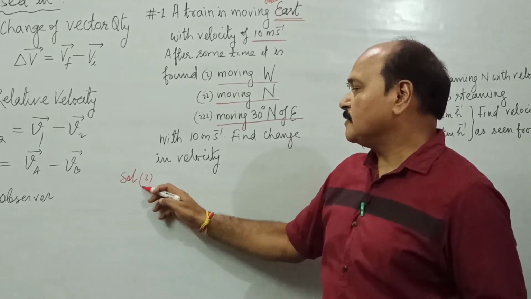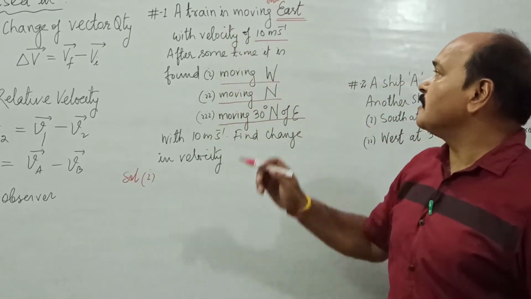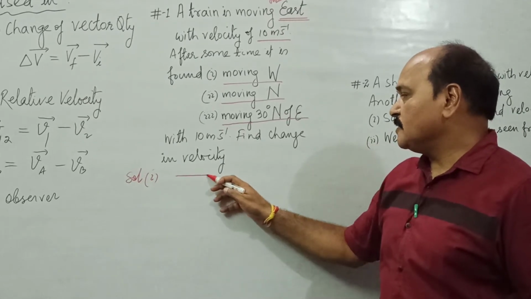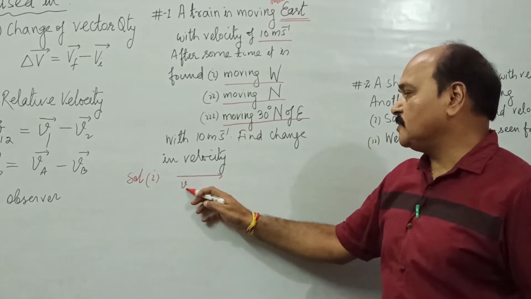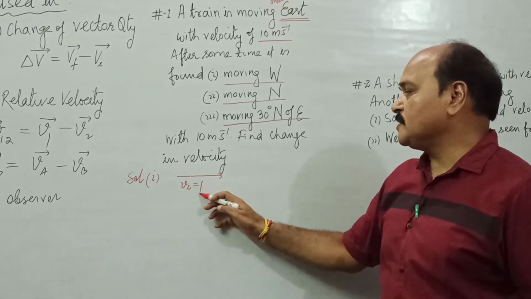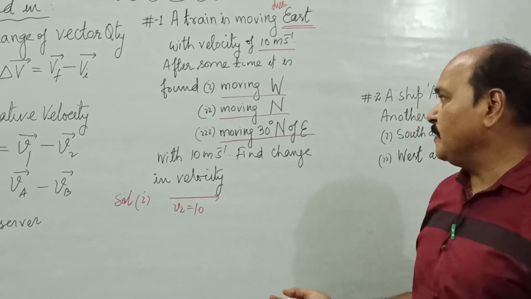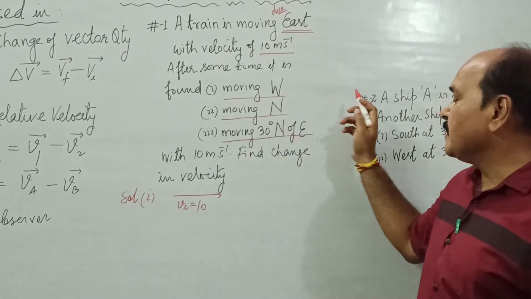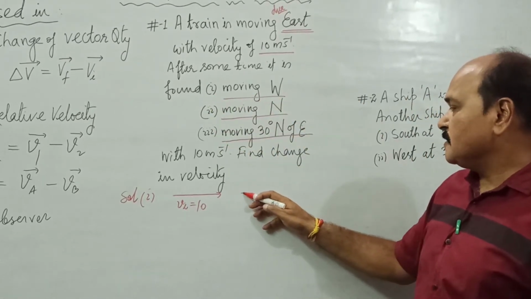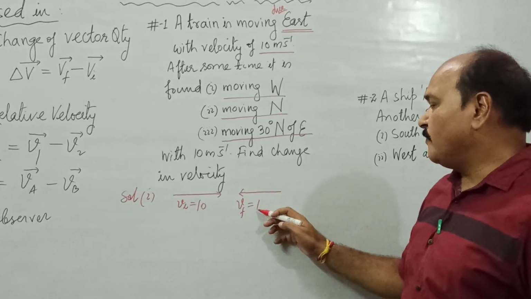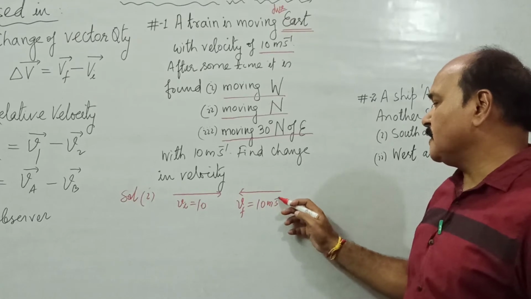Solution part 1. See, the initial velocity of the train is due east. This is VI, the initial velocity vector, and that is 10 meter per second. After some time, it is found moving due west. That means due west is the final velocity. The value remains 10 meter per second.